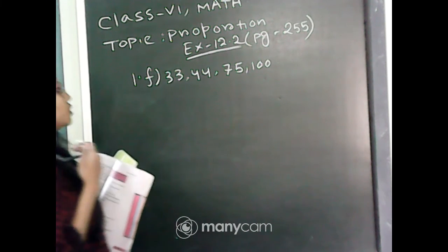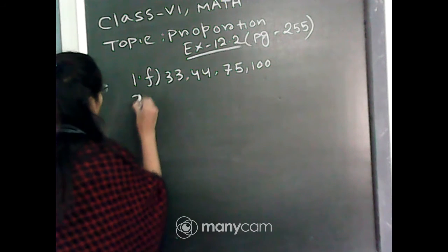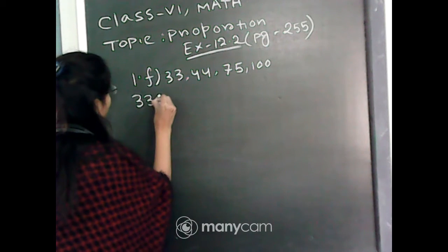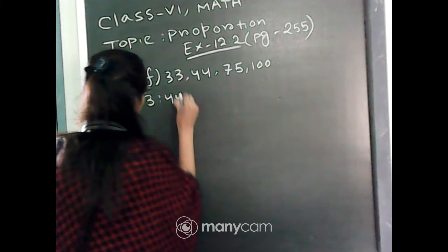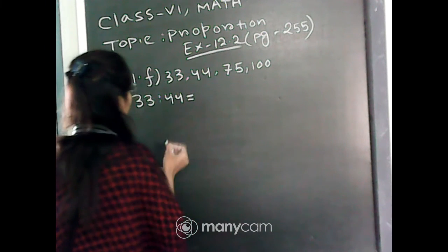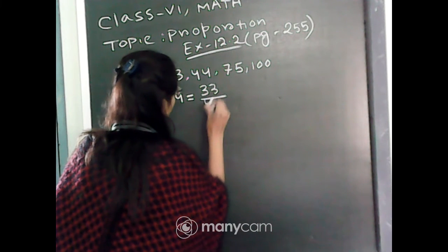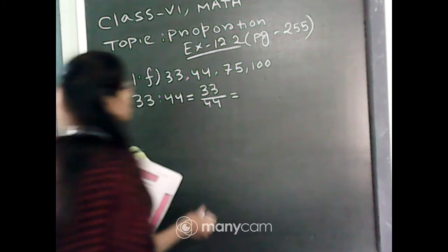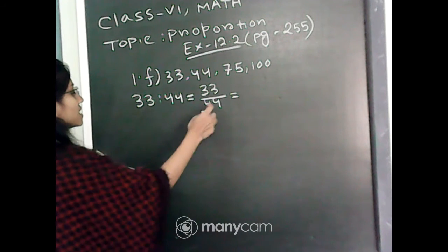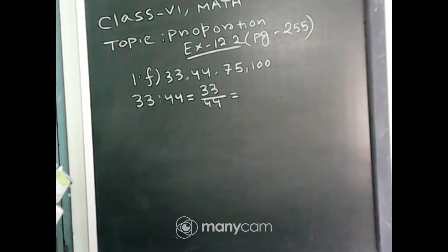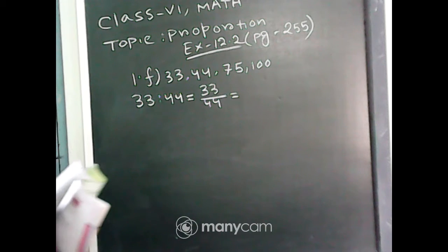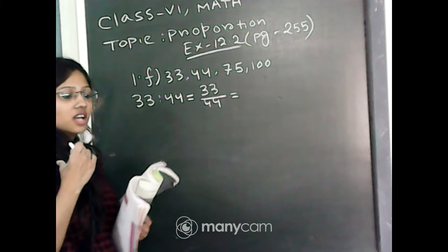For this, we first find the ratio of 33 and 44. Now 33 is to 44 is equal to 33 divided by 44. The HCF of 33 and 44 is 11.